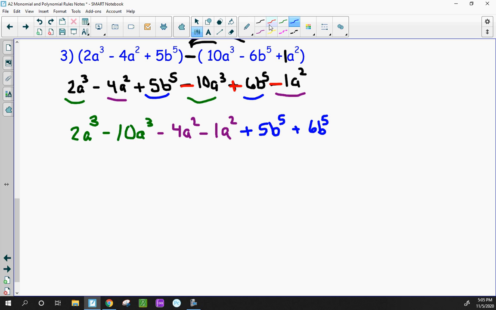Okay, now that the terms that look the same are side by side, you're ready to combine their coefficients. 2 minus 10 is negative 8. Next, negative 4 minus 1.